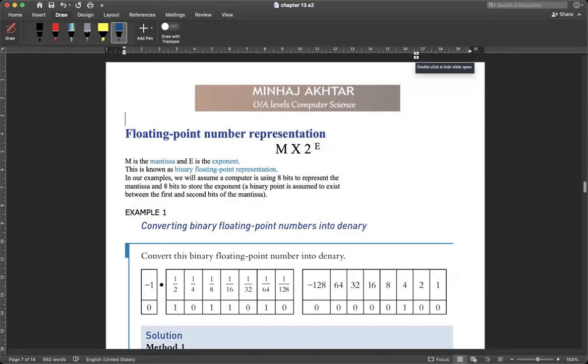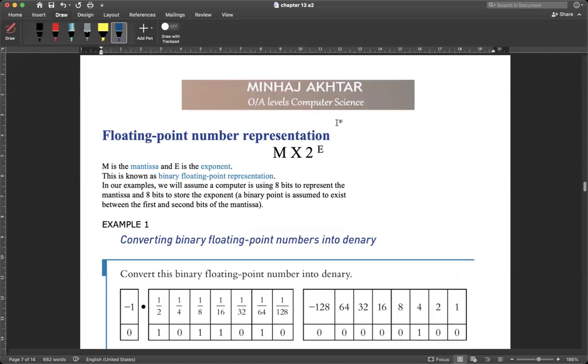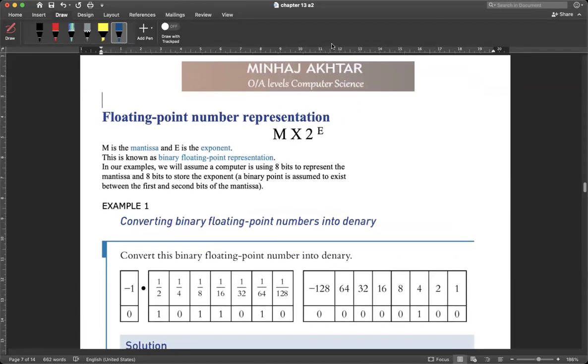So our new topic is floating point number representation, as we are on the topic of data representation. So how do we represent the numbers? They are called floating point. There is a formula for calculating the floating point.